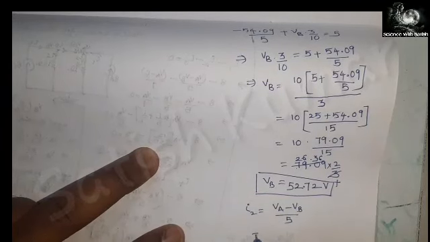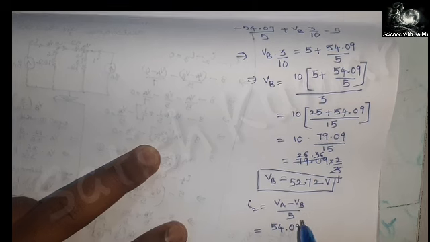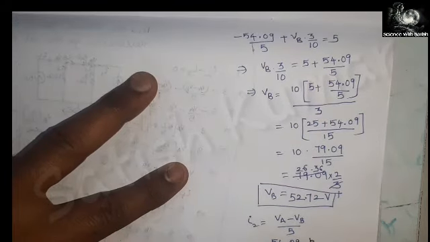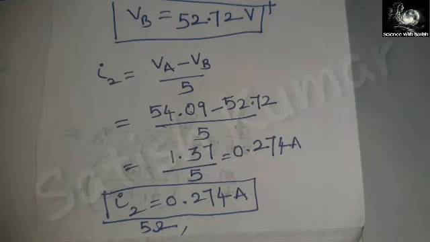From here I can write 54.09 minus VB 52.72 by 5, which is equal to 1.37 by 5. So I2 is equal to 0.274 amps.